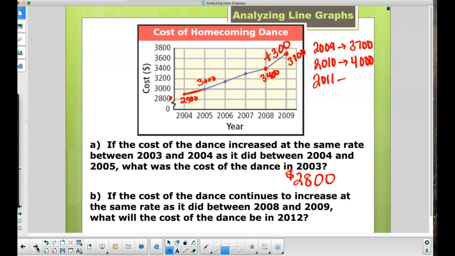So what would it be in 2011? It's going to keep increasing at the same rate. Tyler? 4,300. So 2012 will be, Caleb? 4,600. So in 2012, it would be $4,600. Because it's going to continue at that same rate. Okay, questions there? All right.